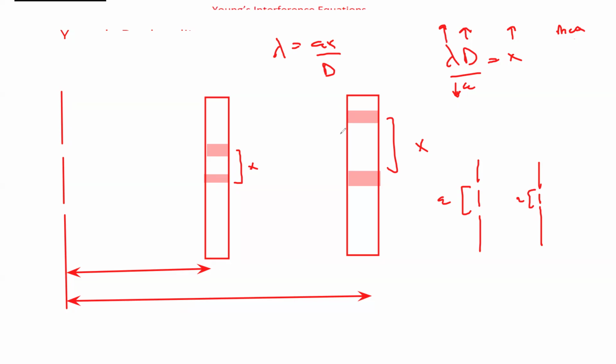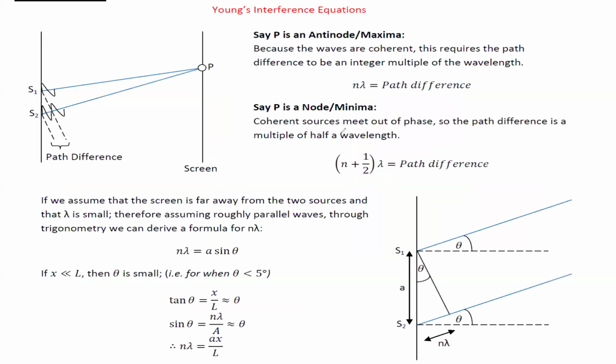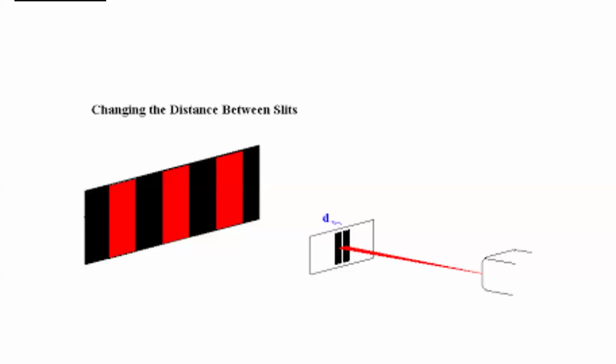So what is, in short, Young's double slit experiment? In Young's double slit experiment, what he did was observe the interference of waves, and he used a light wave.